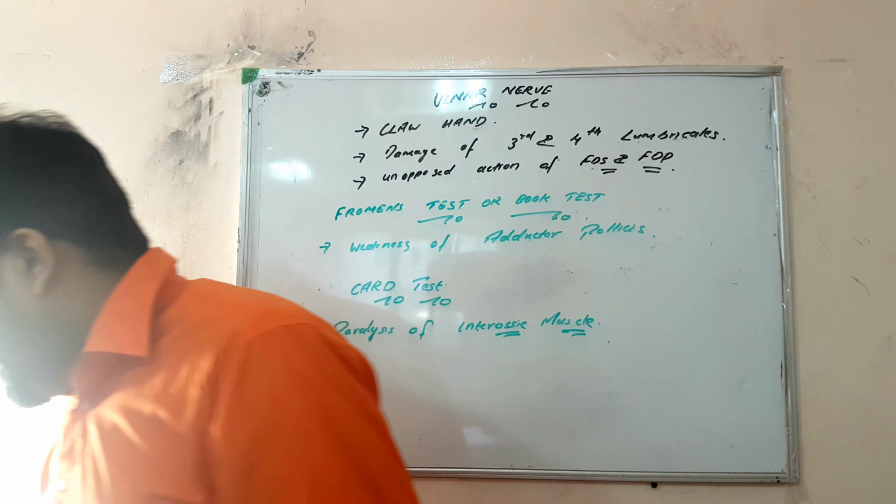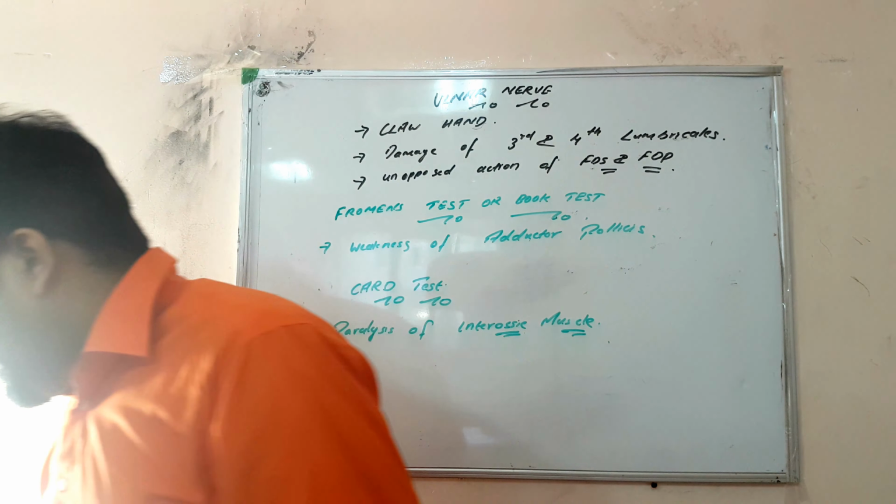Now we will see the test for the median nerve. Okay, because you remember PAD and DAB. Palmar interossei for adduction, dorsal interossei for abduction. You can remember dorsal interossei is for abduction, palmar is adduction. So adduction and abduction of fingers will be absent here in the case of ulnar nerve injury.